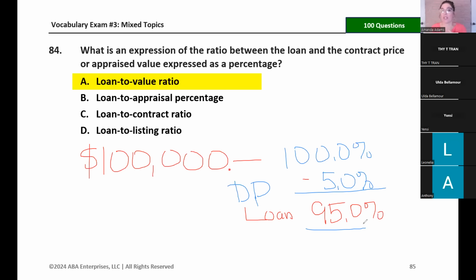That's how much the lender is loaning you. Okay, do you guys see how that works? So when lenders discuss loans, they discuss loans in terms of loan to value ratio, LTV. Borrowers, we discuss loans in terms of down payment, right? How much we need out of pocket. That's what loan to value ratio is.